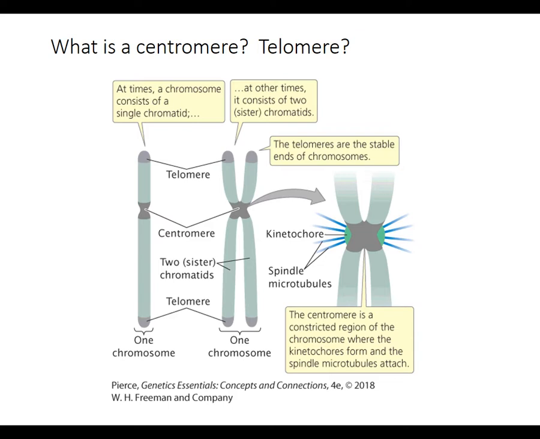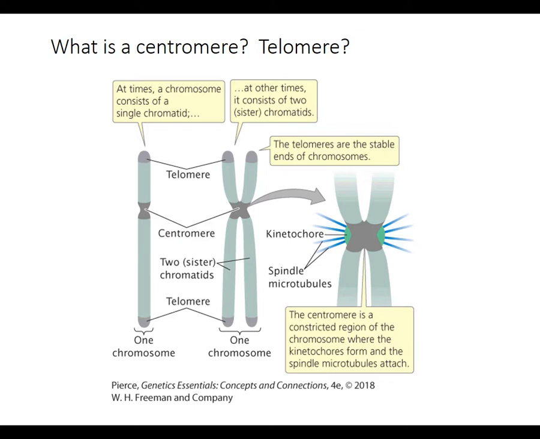Now, on the left side of the screen, you see a monad chromosome. Monad chromosome is the form of the chromosome that exists, for example, in the cell cycle in G1. Then during S phase of the cell cycle, the chromosome is replicated and it becomes a dyad, which still counts as one chromosome, but we call it the dyad form, which is in the center of the screen.